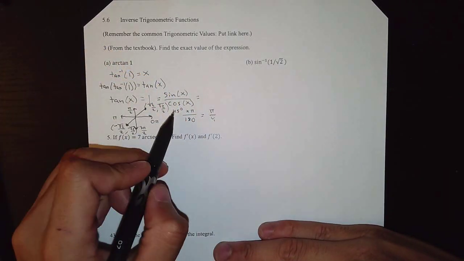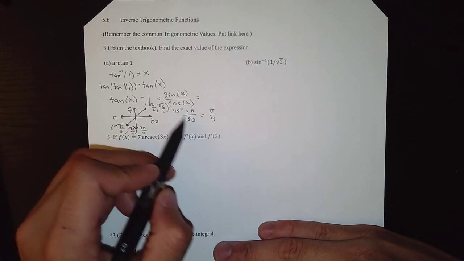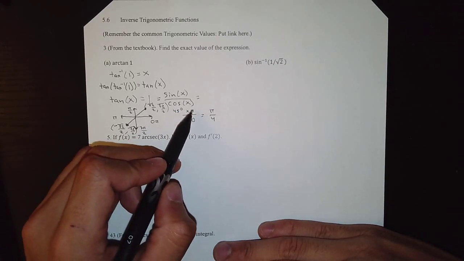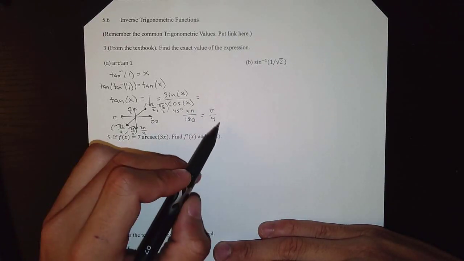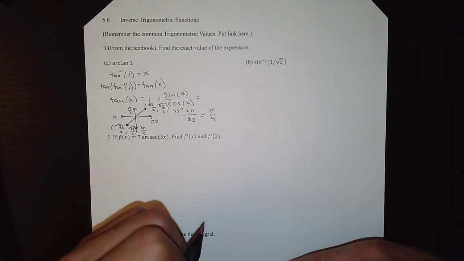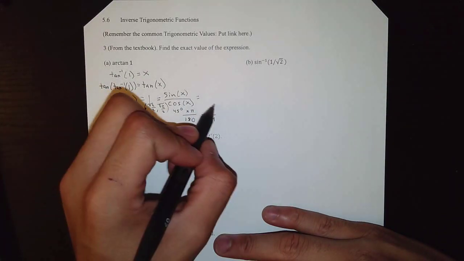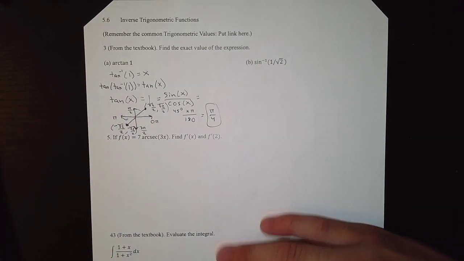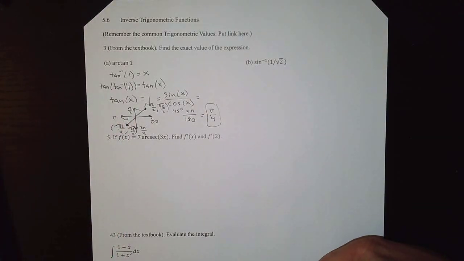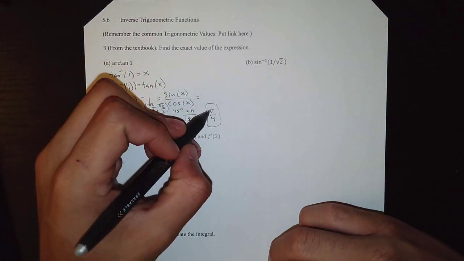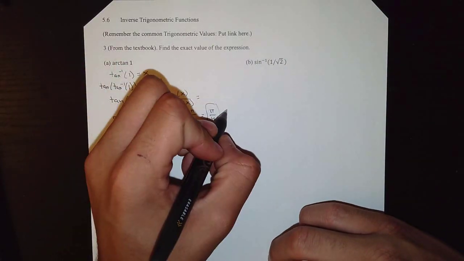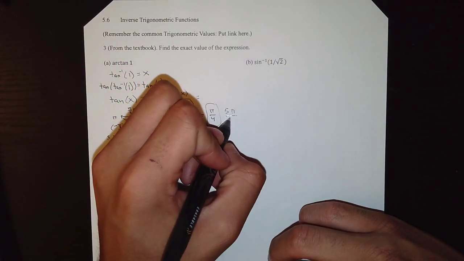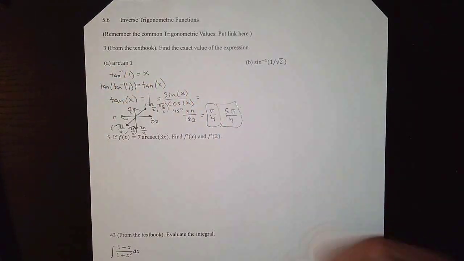Or you could divide this and you would get 0.25 pi, which is the same thing as pi over 4. And so this is one of them, but also we have to add 180 degrees to that, or we have to add pi to that. So pi plus pi divided by 4, this is also true at 5 pi divided by 4. So that would be our solution.